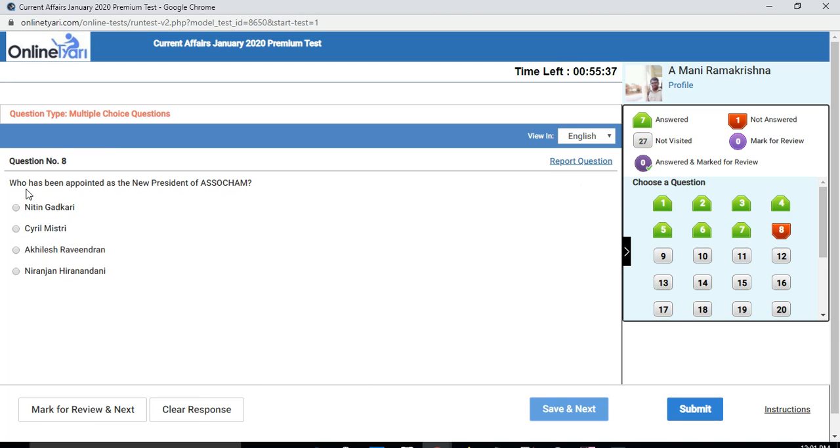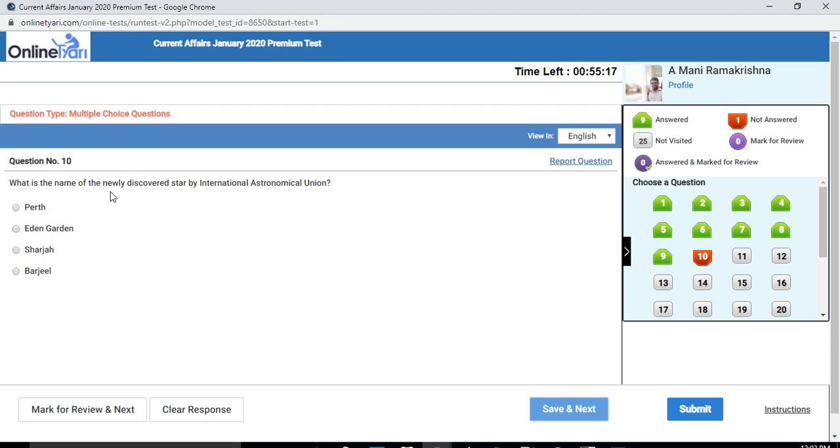Who has been appointed as the new president of Asochum? Don't know. Let's see that, whether it's right or wrong. Who is the newly appointed Chief Justice of Pakistan?